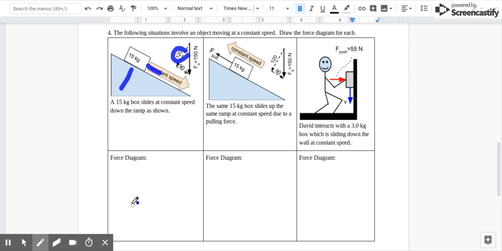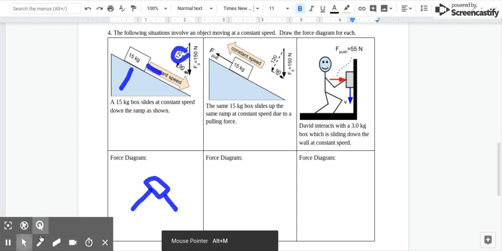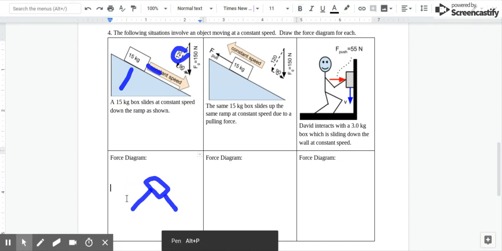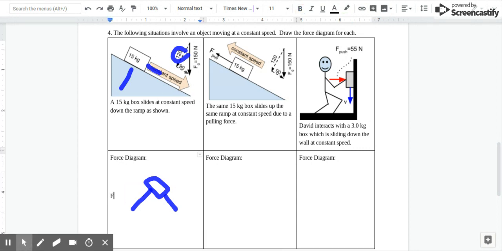So when I draw my free body diagram, first of all, it needs to be tilted like it is on the diagram. That one should be F_G, oops, and I'll call that Y. And that's, what is it, 120 newtons.